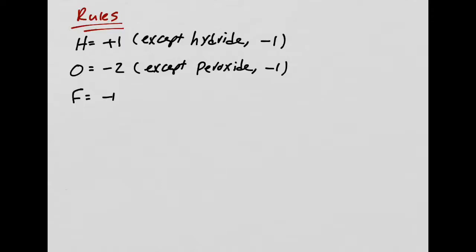Fluorine is always -1. The 1A group is always +1. The 2A group is always +2. So hydrogen is always +1. Oxygen is -2. Fluorine is -1. 1A group +1. 2A group +2. Okay?